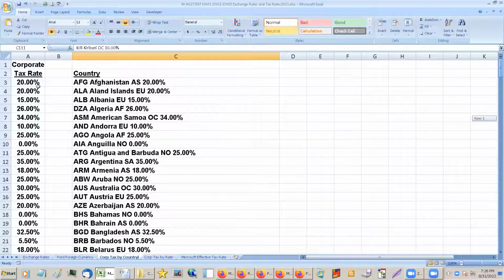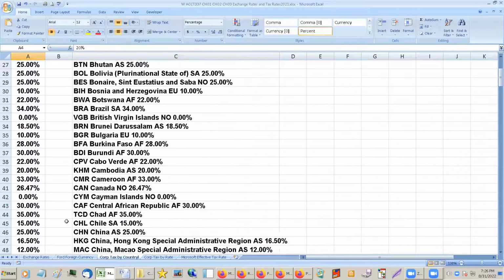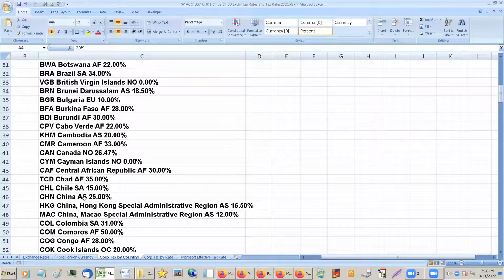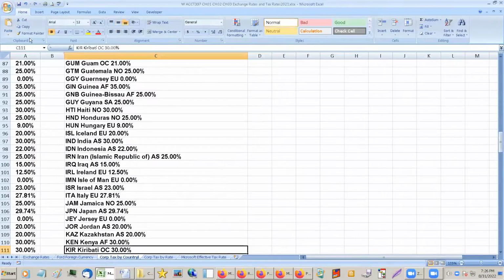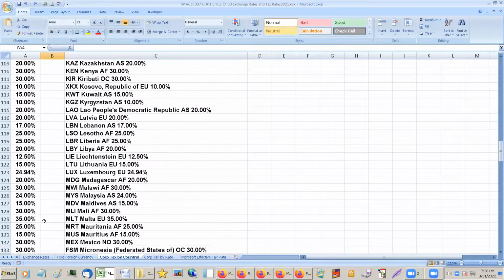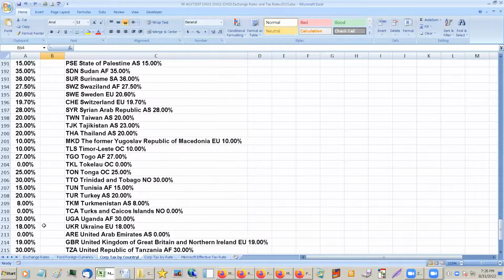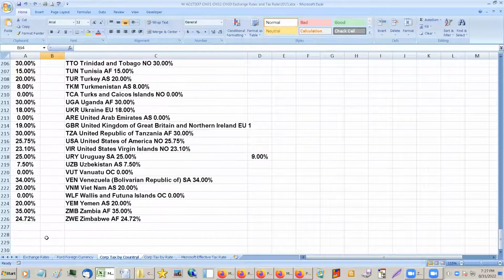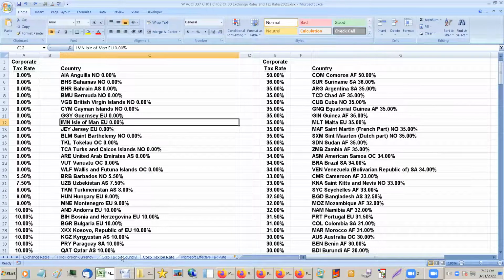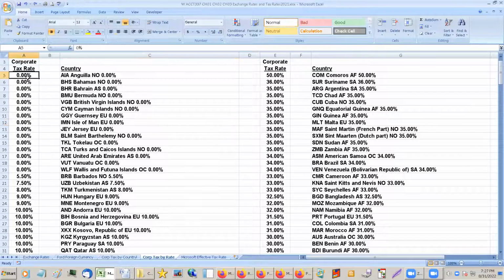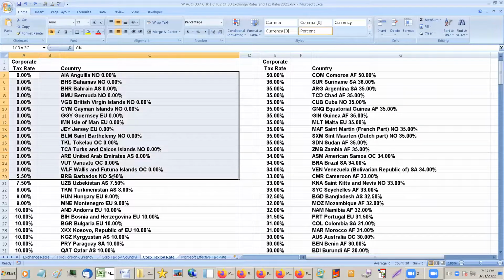I don't know how many countries are here, a lot. So these are the tax rates of the different countries, 200 and some countries here, and this is their corporate tax rate. If you go to the next one here, corporate tax rate by rate, there are a lot of countries that don't have any taxes.